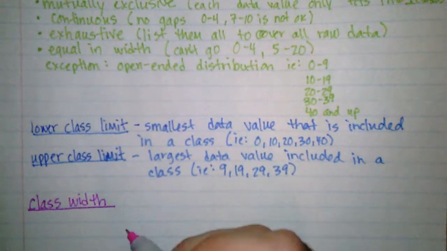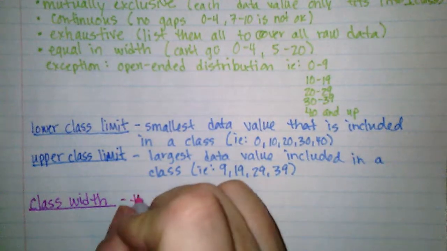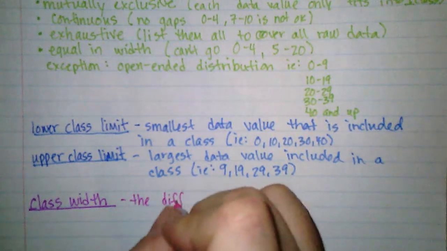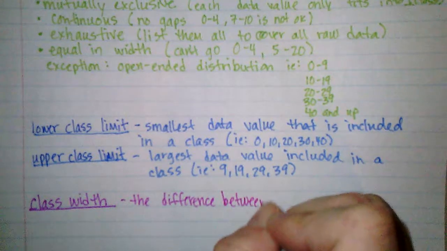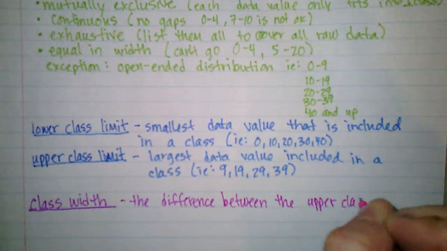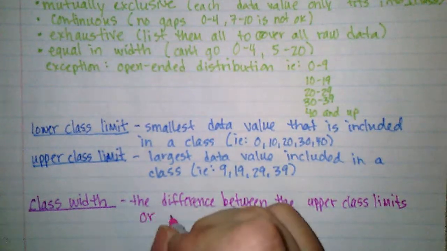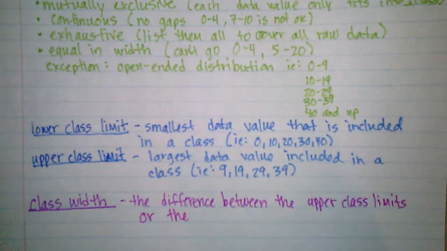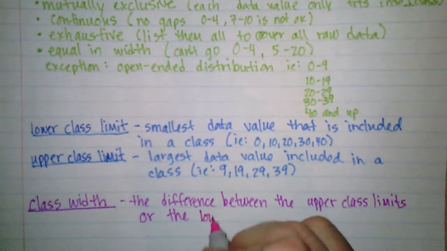So class width is the difference between the upper class limits or the lower class limits. And it should be the same for an entire distribution.